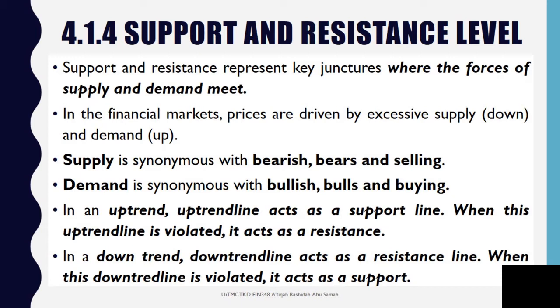They have a monopoly on the market, and we don't want to be like that. So the stock price itself must be influenced by the supply and demand from the investors. Supply is synonymous with bearish and selling, while demand is synonymous with bullish, bulls, and buying.